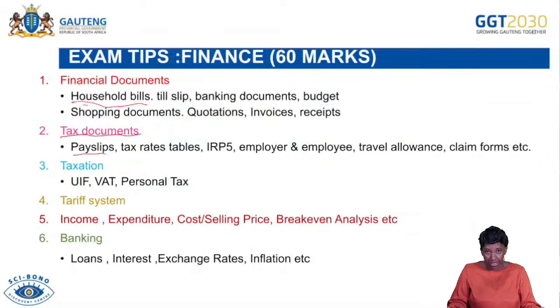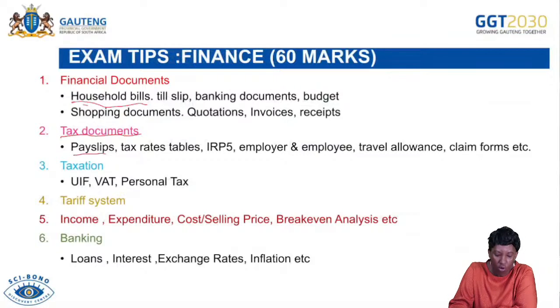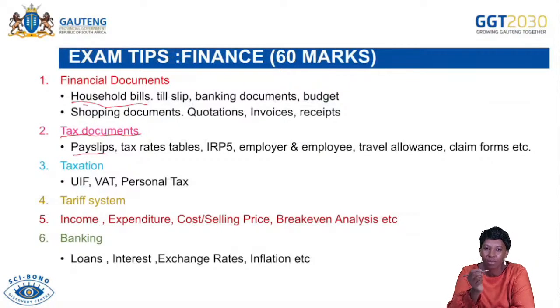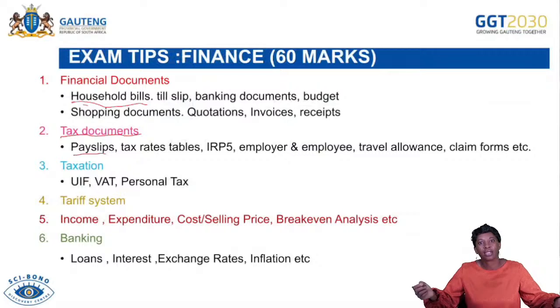And then we have the tax rate tables. Do you still remember the tax rate tables, boys and girls? Those tables, the ones that you always say are so difficult to understand. The ones that have the sliding scales to say the annual salary for this person is between this bracket and that bracket, between 180,000 and 350,000.